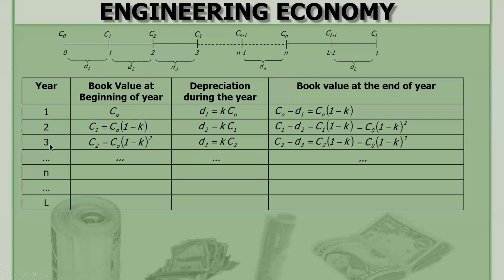So for year 3, C sub 2. Therefore, the subscript is 1 less than the value of the year. And also the exponent is 1 less. So for year n, this will be C sub n minus 1 equals C sub 0 times (1 minus K) raised to n minus 1. The exponent is the same as the subscript of the book value.